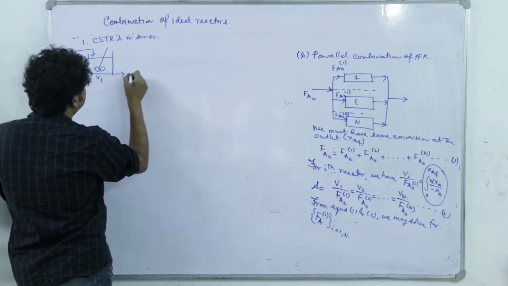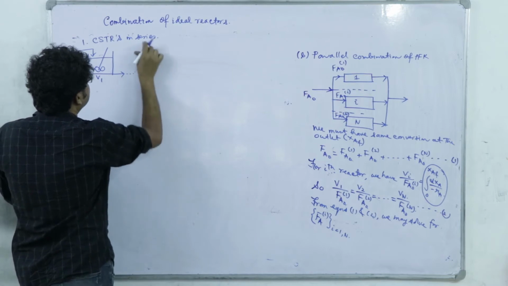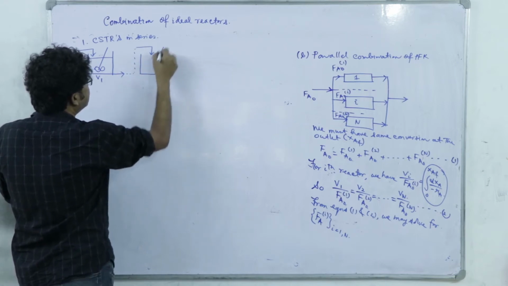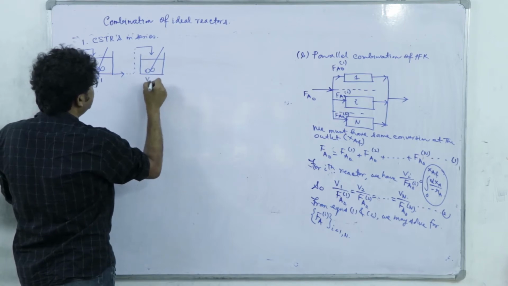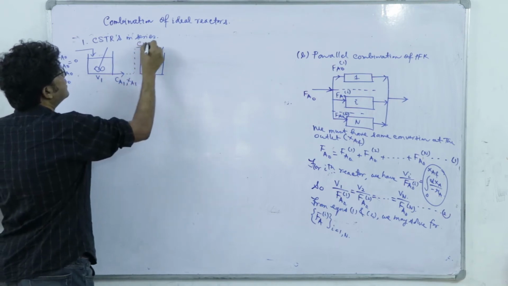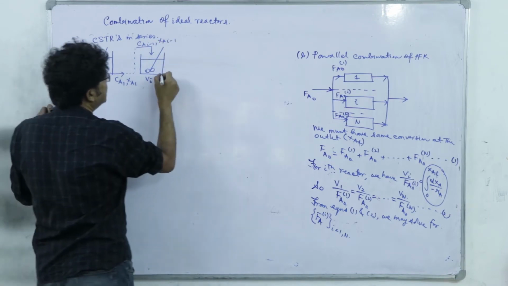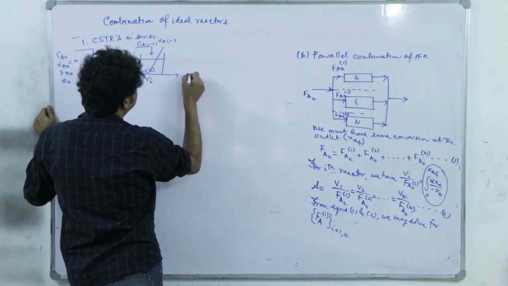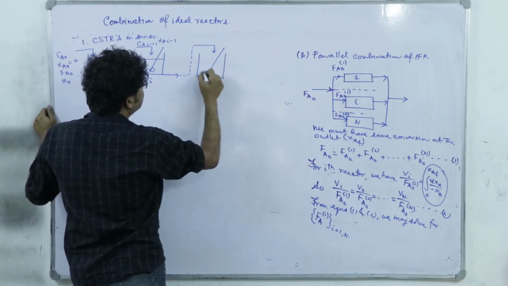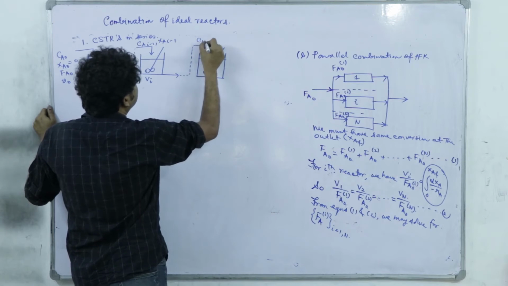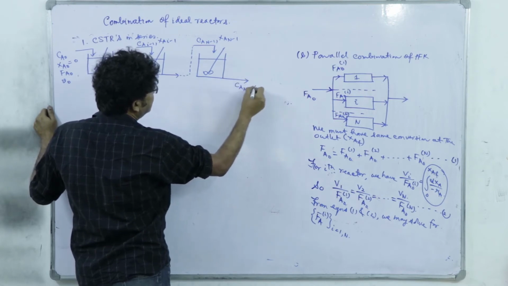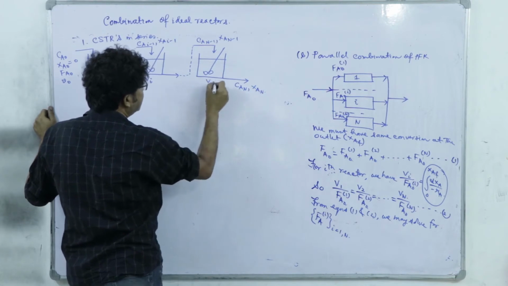And from there it goes to the ith reactor, Vi, this is Ca1, Xa1, Ci minus 1, Xi minus 1, and this is the nth reactor, Can minus 1, Xan minus 1, producing Can, Xan. This is Vn. Right.